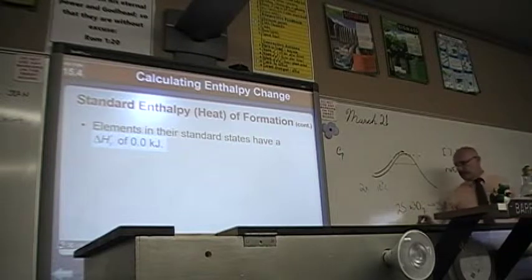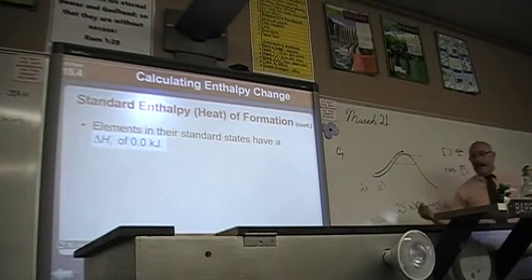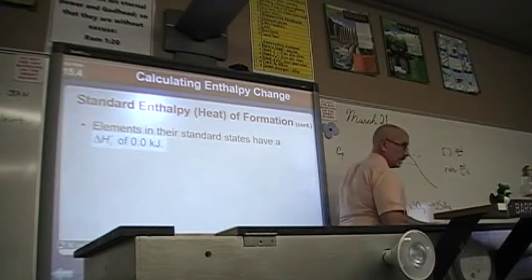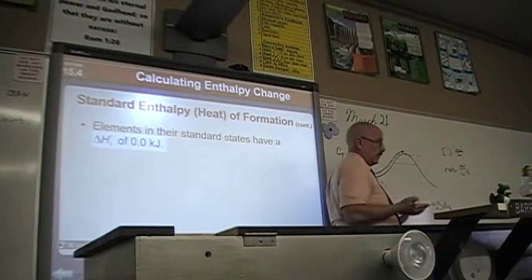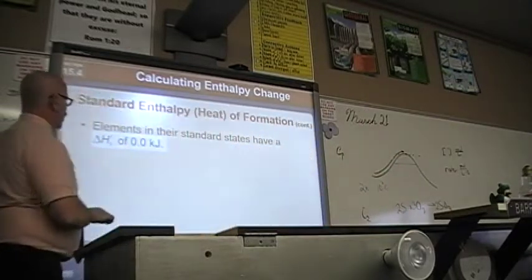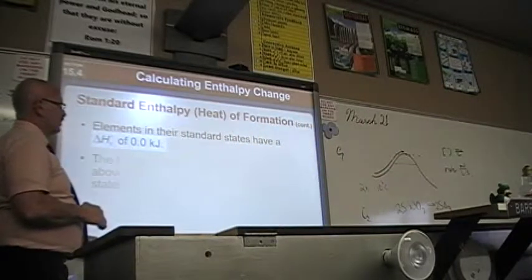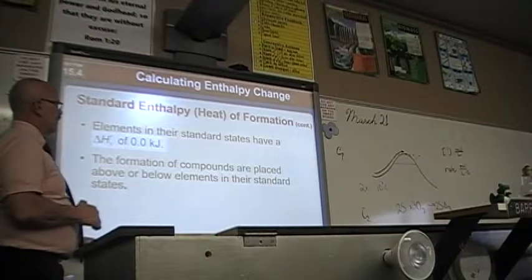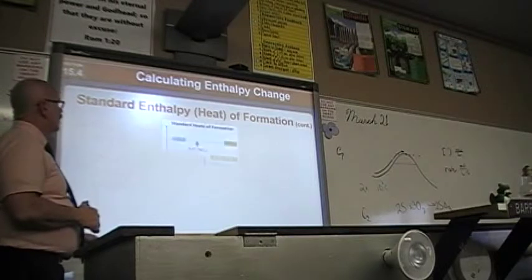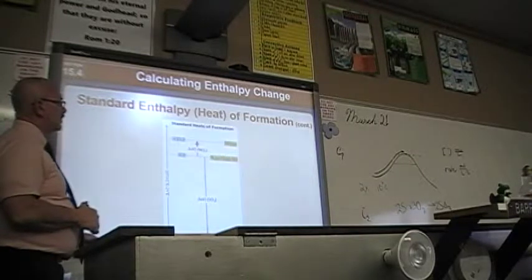We're not reacting with anything, just by itself. And oxygen, known as O2, in its simplest state has a delta H of 0. Now that's a weird one, and let's talk about that for a minute. I need to double check. I'm doubting myself on that one. So let's look at this for a second.